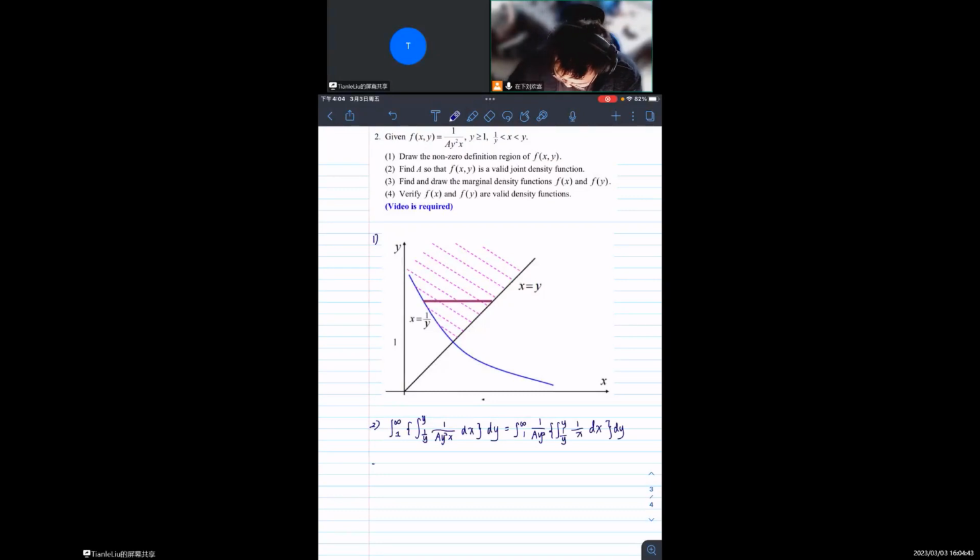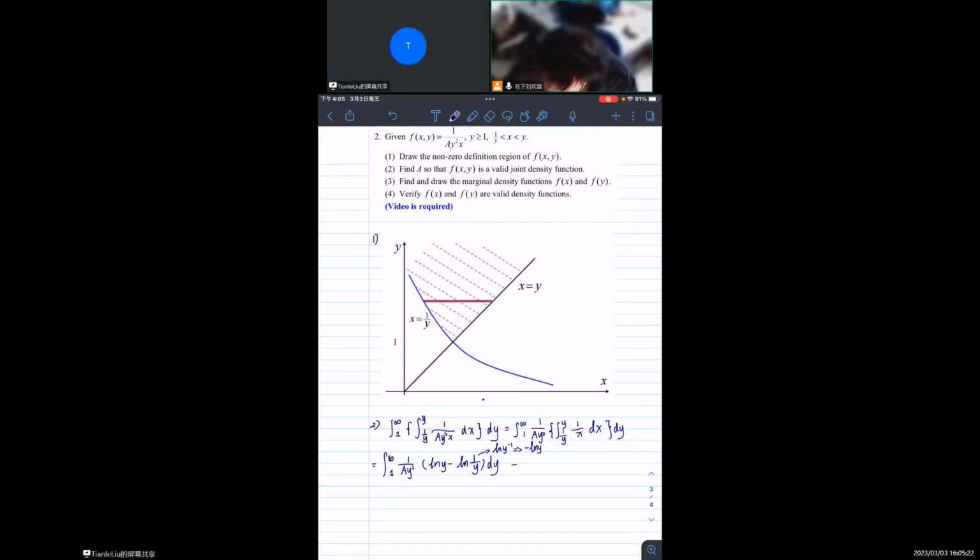And to find it out, because the integral of 1/x is log x, we apply the range from 1/y to y, and it turns out to be log y minus log(1/y), which turns out to be 2 log y.